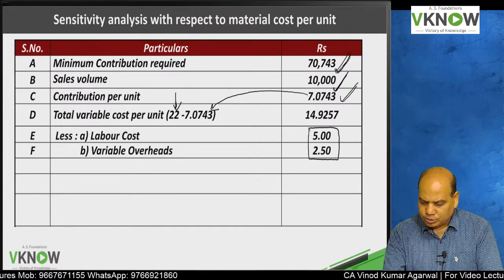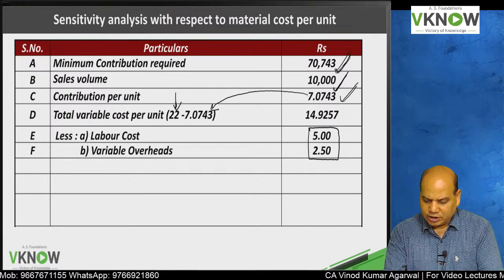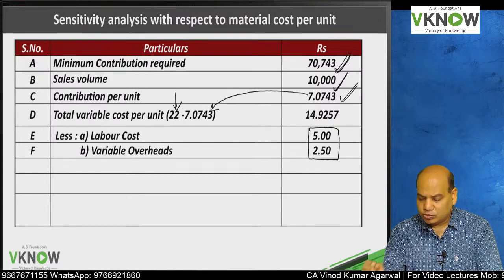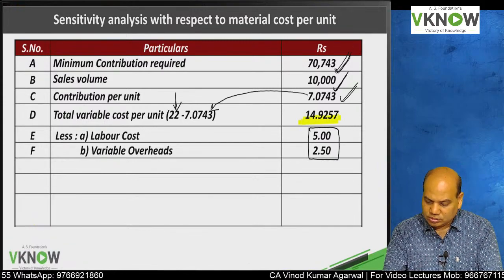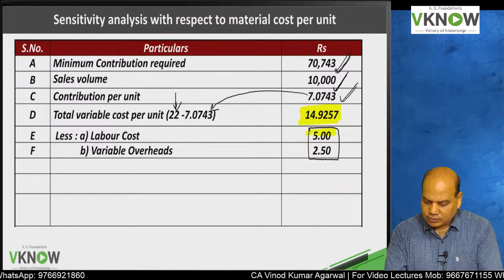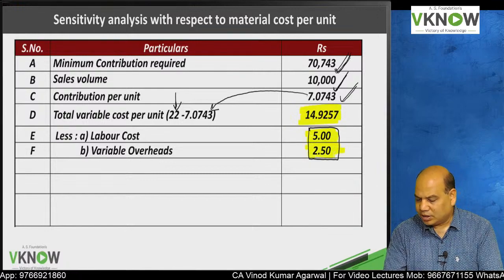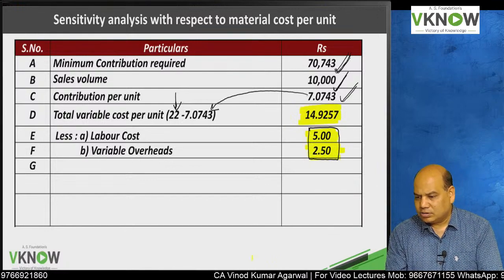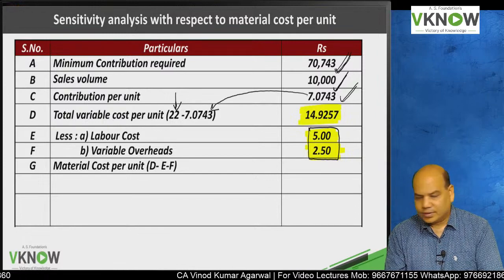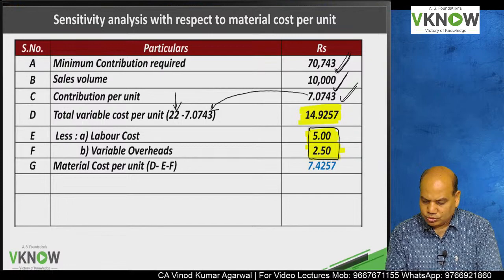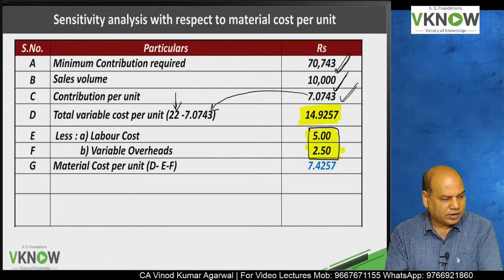And the third component of variable cost is material, which will be the balancing figure. So this is my total variable cost minus labor minus variable overhead. So the balancing figure is material cost per unit, which comes to 7.4257.